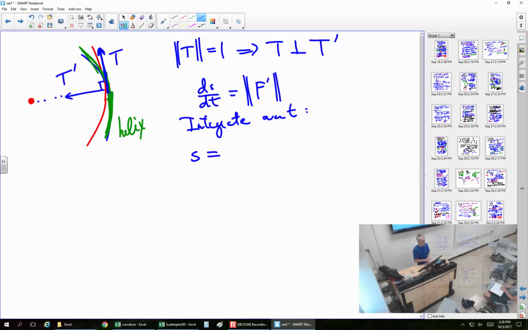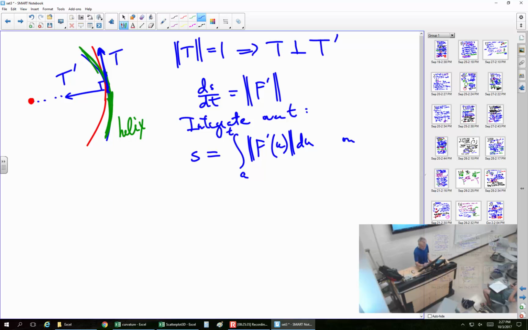I want to intentionally put it in the form of a definite integral, say from a to t, the magnitude of f prime(u) du. As you can see, I changed the variable to u so there would be no confusion between the variable of integration and the variable t, which s depends on. Okay, so s depends on t.